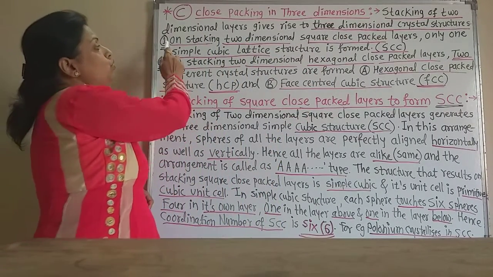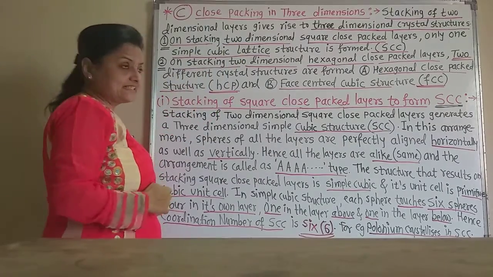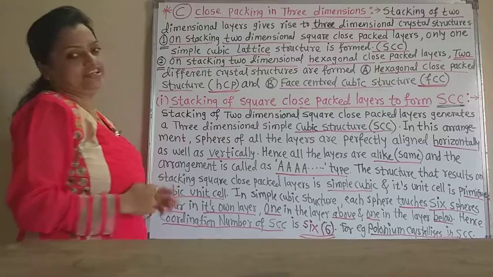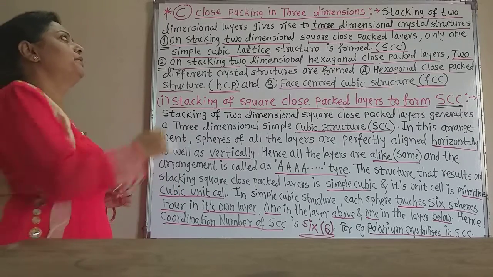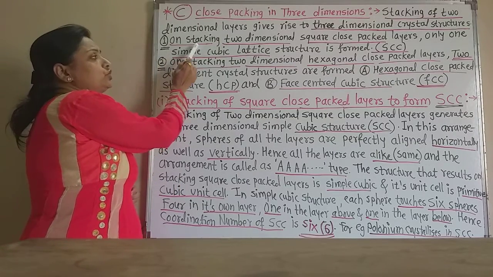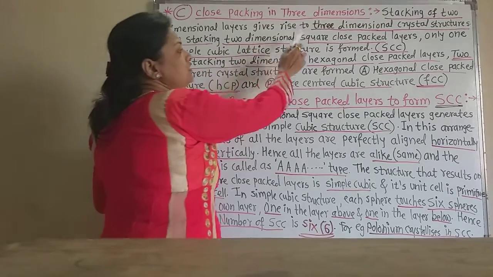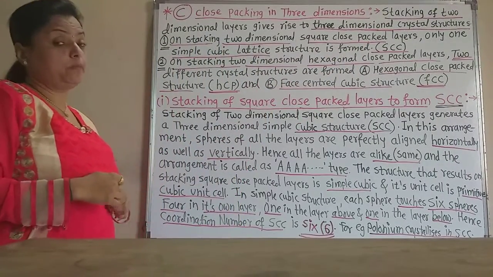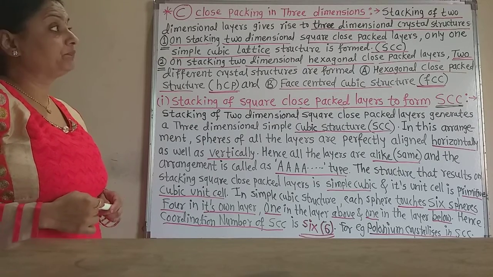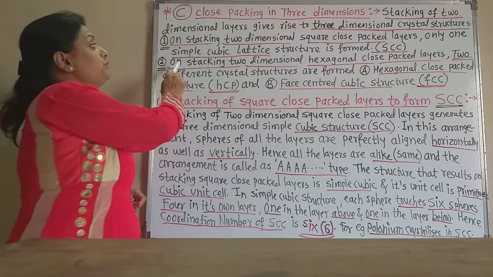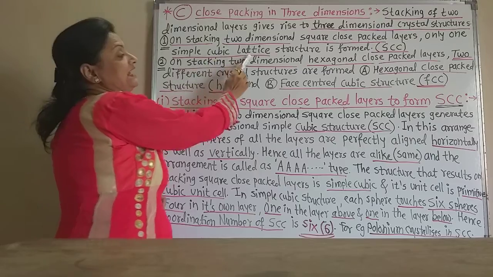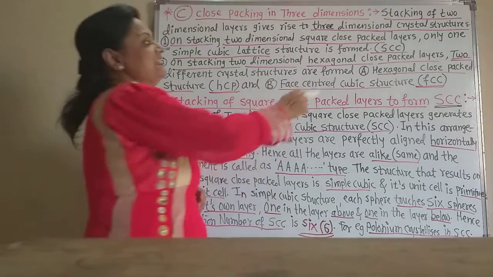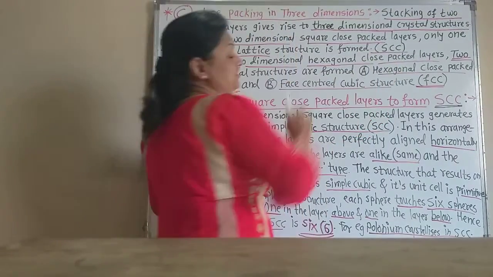Stacking of two-dimensional layers gives rise to three-dimensional crystal structures. The first way is on stacking two-dimensional square close packed layers, that is AA type of layers. If we stack them, only one type of simple cubic lattice structure is formed, and that is the SCC, simple cubic crystal.